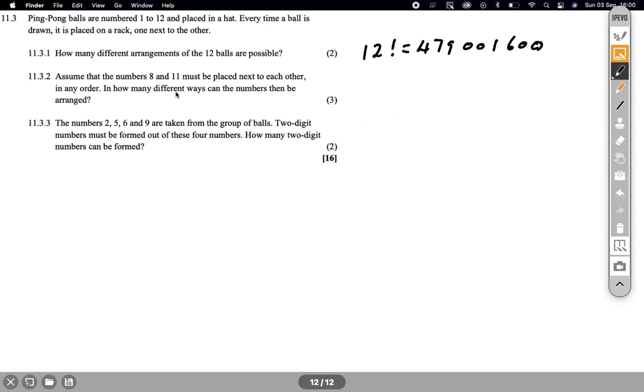11.3.2. Assume that the numbers 8 and 11 must be placed next to each other. Where the 12 factorial comes from is that for 11.3.1, you have 12 spots.